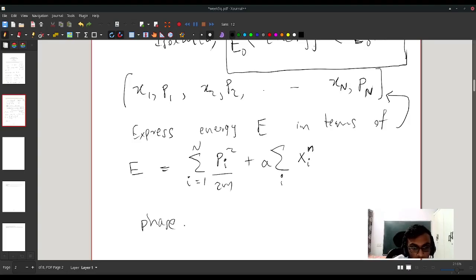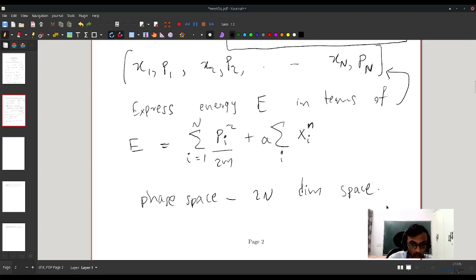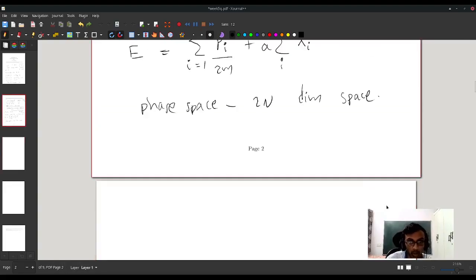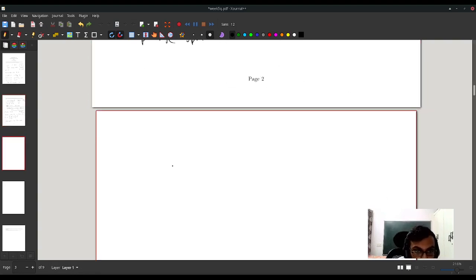Of course I cannot draw or show you something in this 2n dimensional space using a figure here, but schematically, if we could draw some directions, this would be P1, X1, P2, and so on.